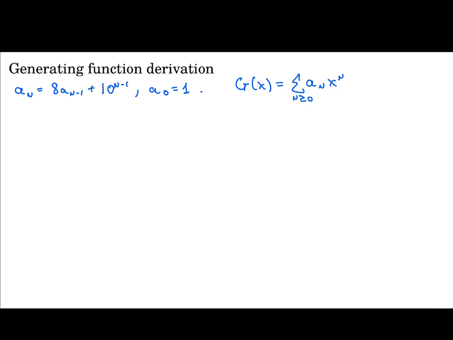So let's see this. So let's multiply both sides by x^n and then take the summation.